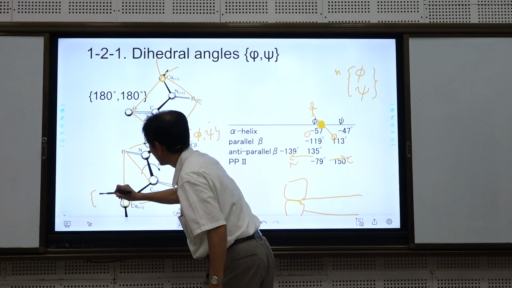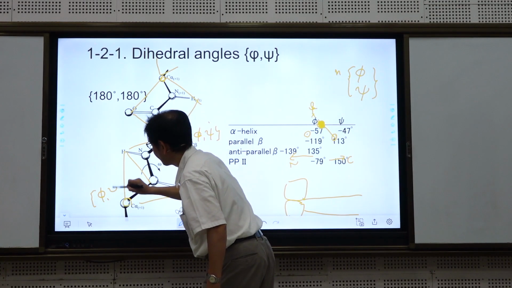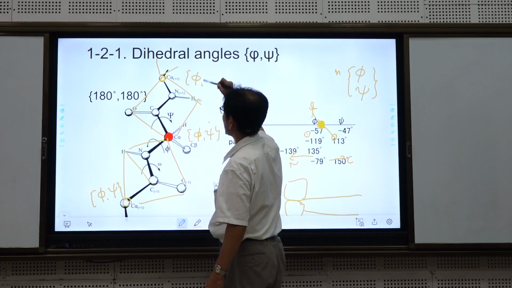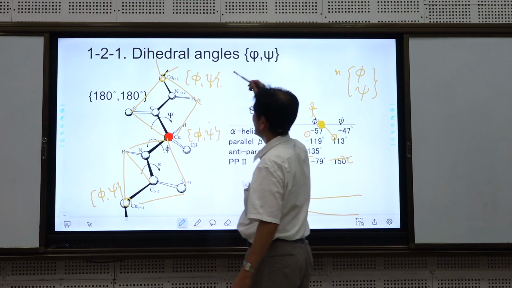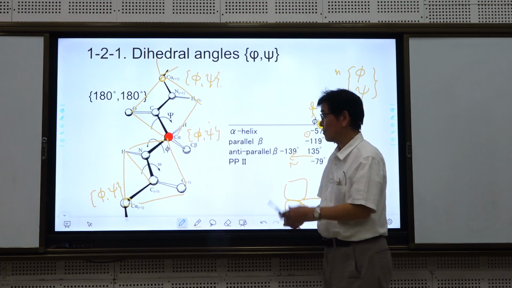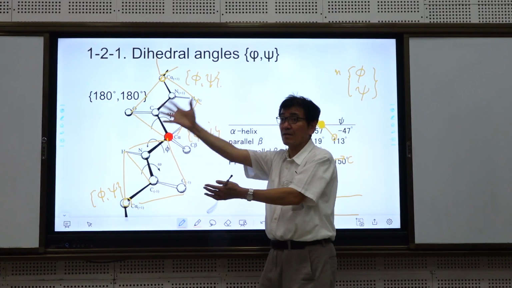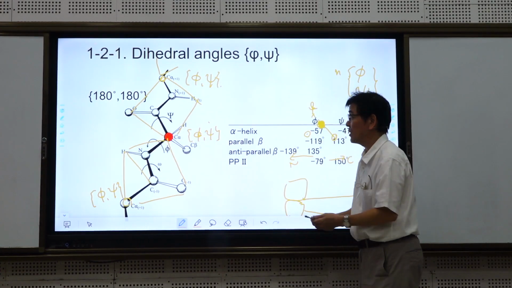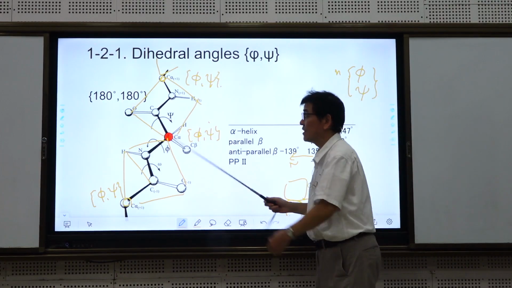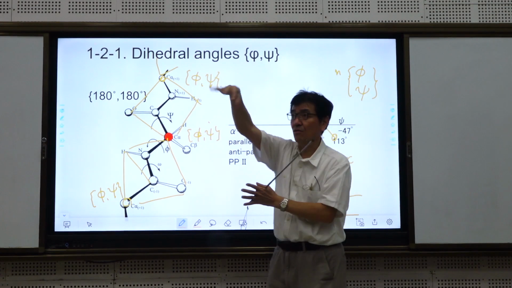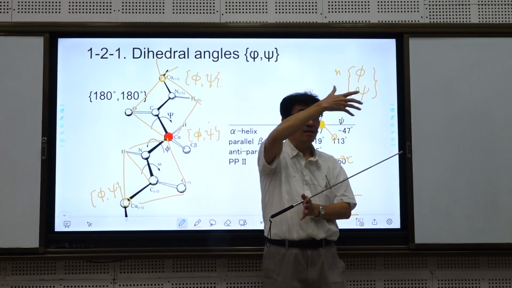About this carbon alpha, we can define phi psi. So by specifying the dihedral angle, we can uniquely describe the extending direction of the peptide main chain.